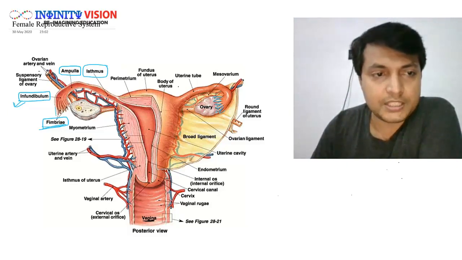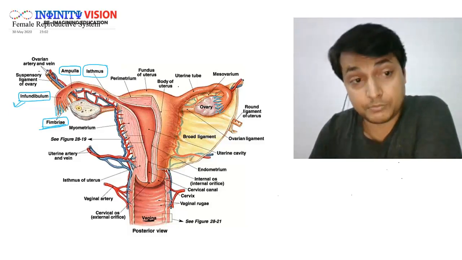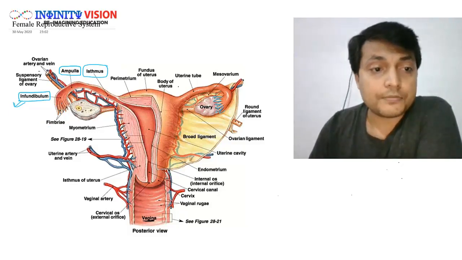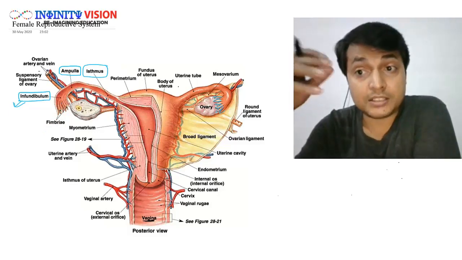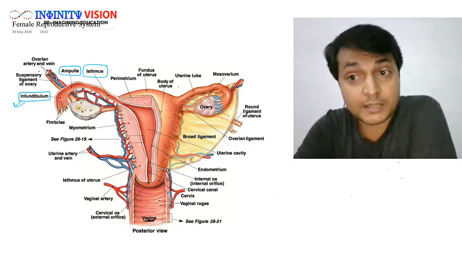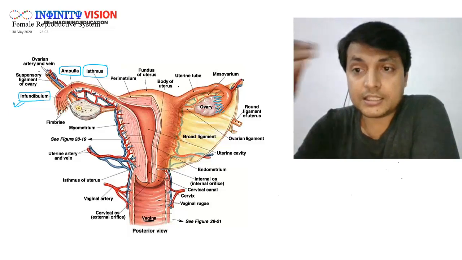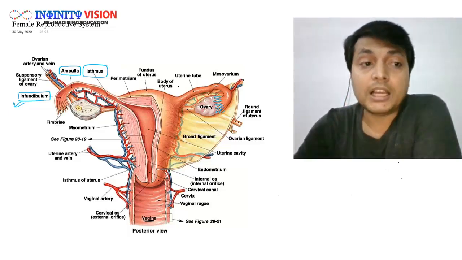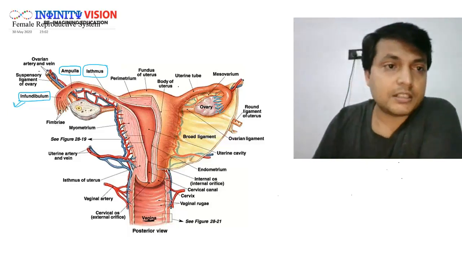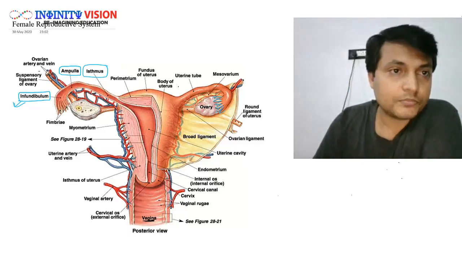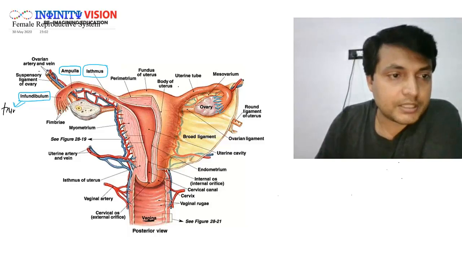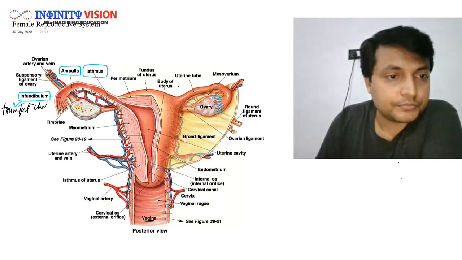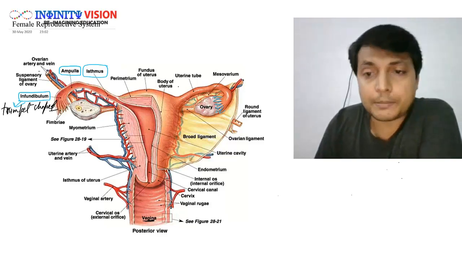So only these finger-like projections are called fimbriae. These are part of the infundibulum. Now, the infundibulum is the distal part of the oviduct, that is, the farthest end part. And this infundibulum is trumpet shaped. Why do we call it trumpet shaped?